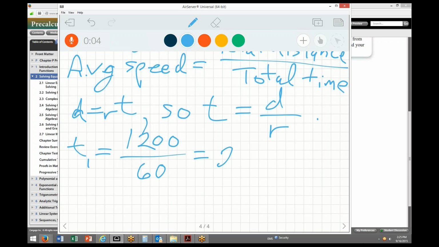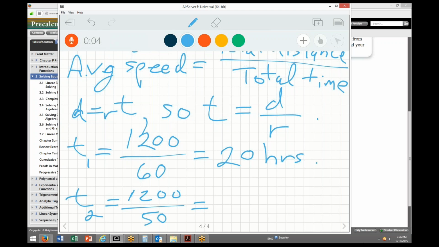So that's 20 hours. And then the time it took to drive back, T2 we'll call it, was the distance divided by the speed. So that's 1,200 divided by 50. Well, 1,200 divided by 50 is 24 hours.